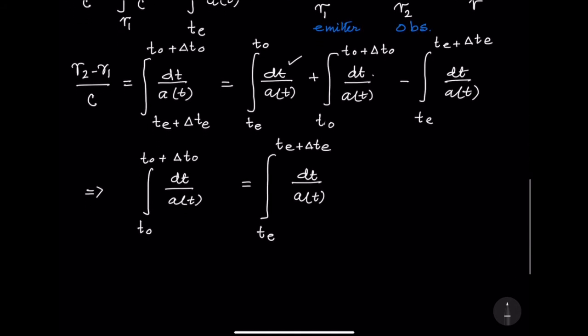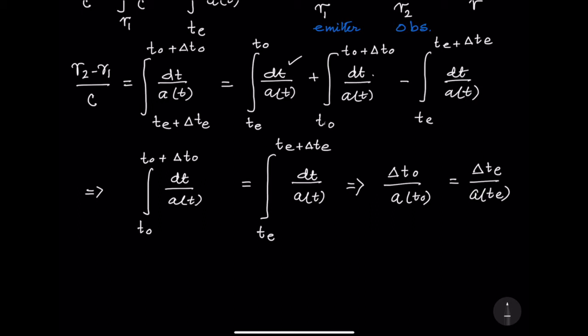And you can imagine that in this small time delta T observed or delta T emitted, I can take out the entire integrand, A(t) doesn't change much. So this essentially means that delta T observed by A at T observed is delta T emitted by A at T emitted.